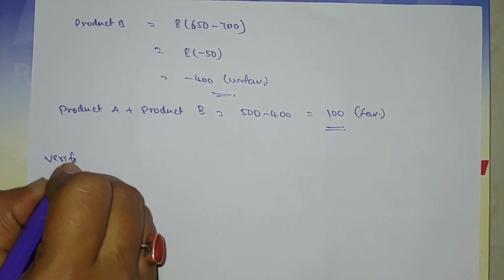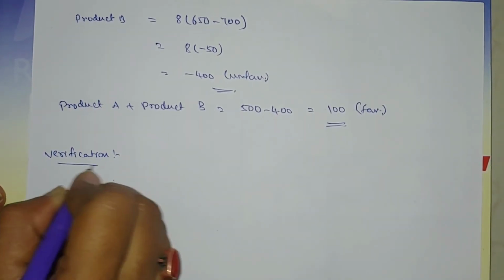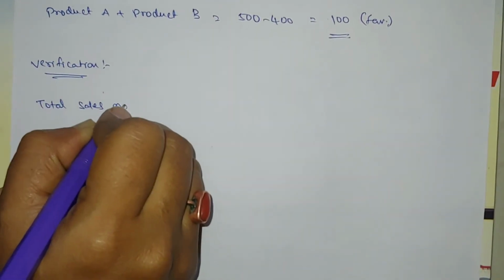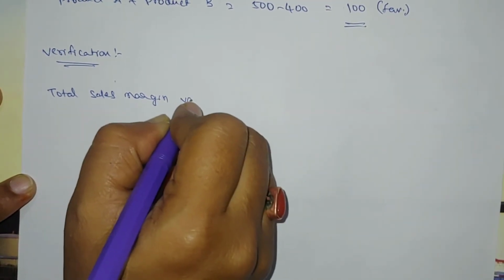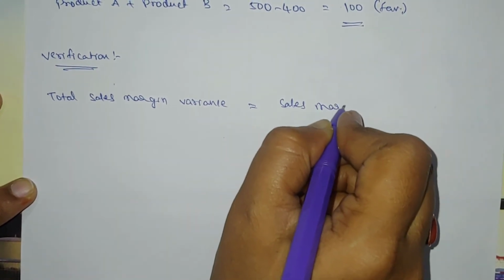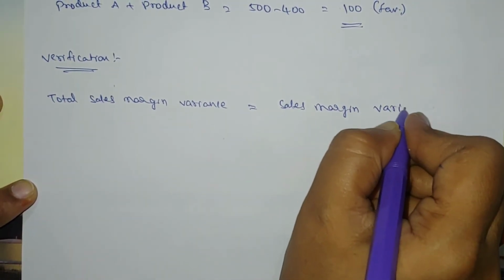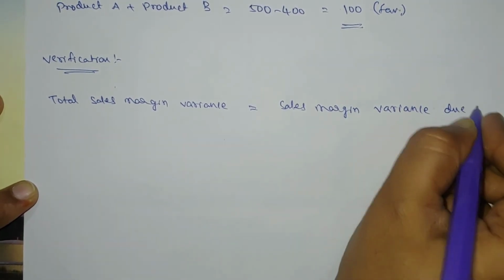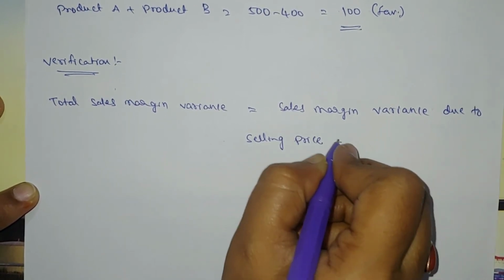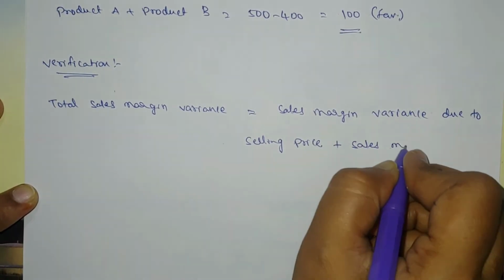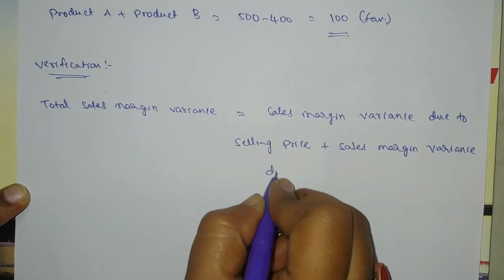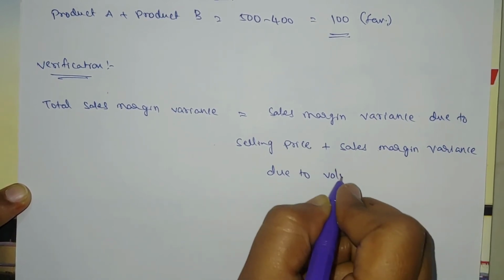Verification. Total sales margin variance is equal to sales margin variance due to selling price plus sales margin variance due to volume.